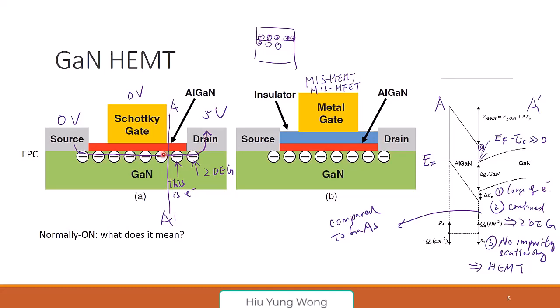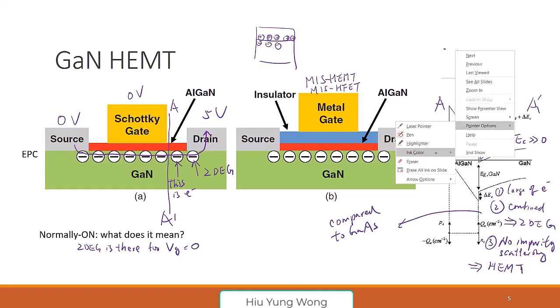Exactly. So the reason you see that, this is the zero bias band diagram. I have the conducting electron gas all the way from source to drain, right? The 2DEG is there for VG equal to 0. We show it already.